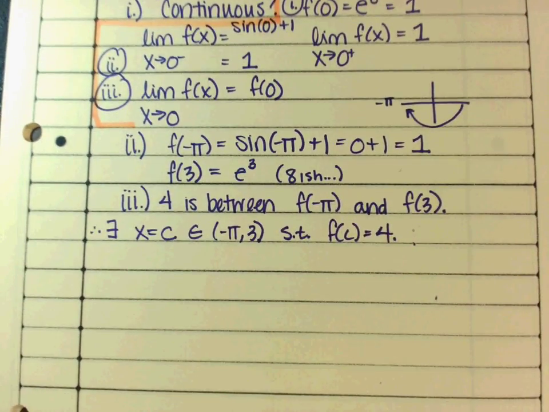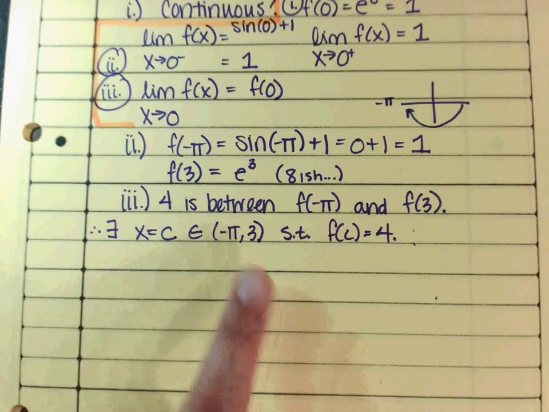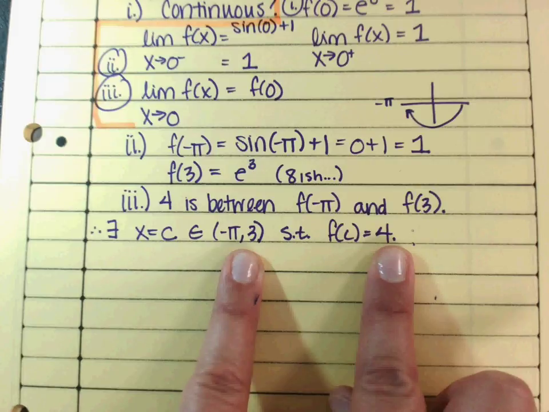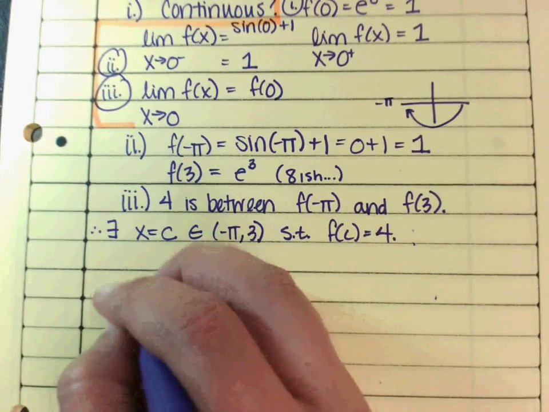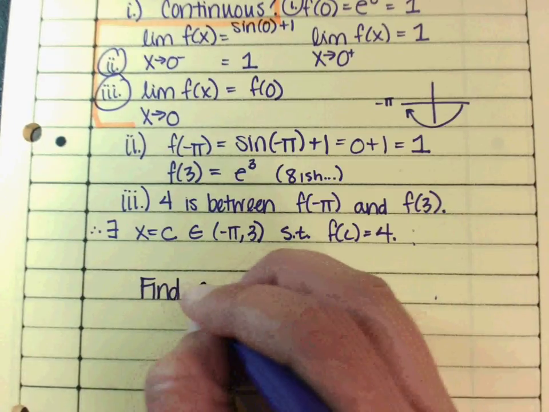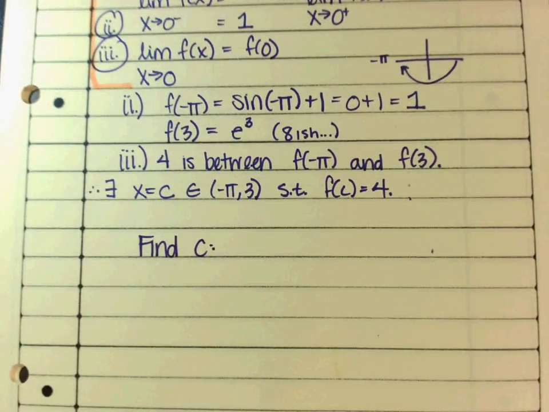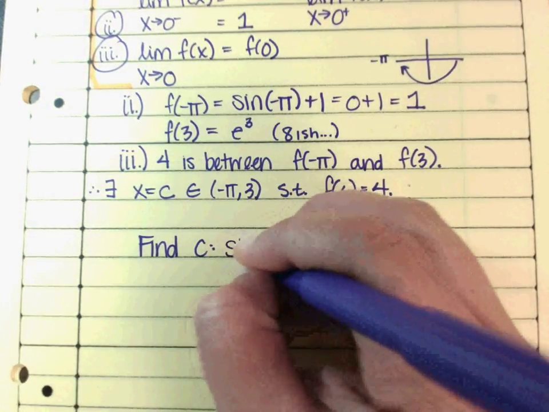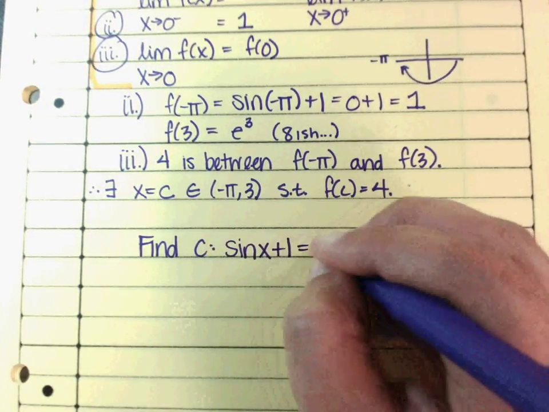So every time you're changing the interval and the number you wanted, what do we have to find? Okay, let's say that we want to find c. What do we want our function to be equal to? 4. So, let sine x plus 1 equal 4.